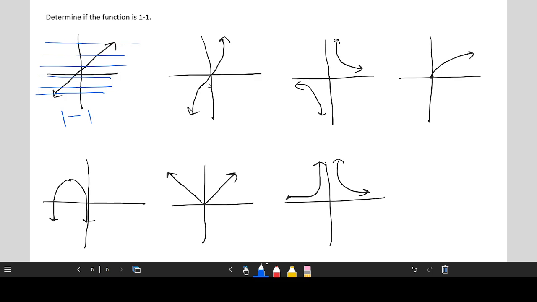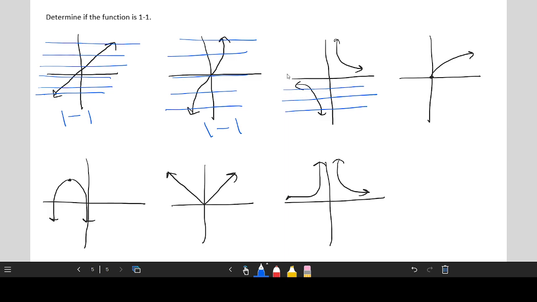My drawings aren't the best, but this is our x cubed function. So we've got just this curve that's increasing from left to right. So anywhere you draw a horizontal line there, it's only going to hit 1 point. So that one's one-to-one. This one is a function we're going to see in probably the next chapter or the chapter after that.